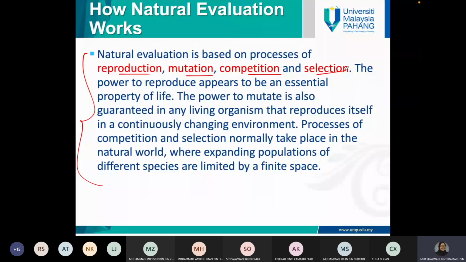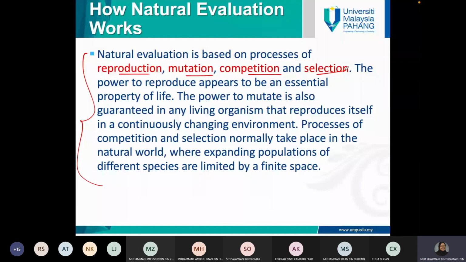Okay, that can be called the mutations, when the species will try to evolve, will try to improve their immune system, their genetics, chromosome to be better.